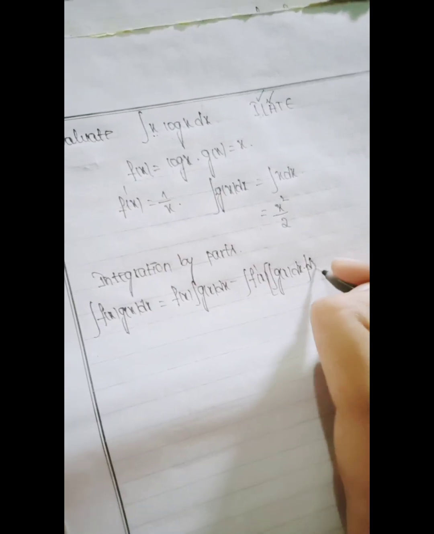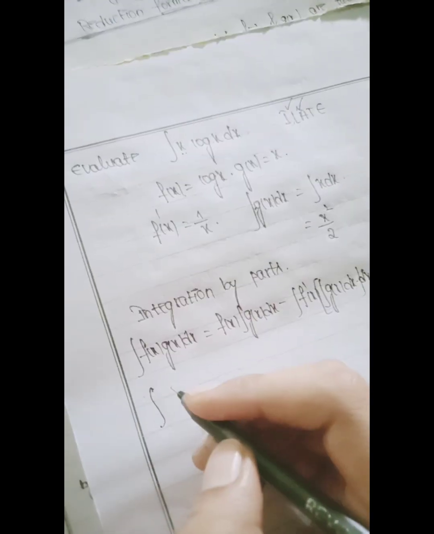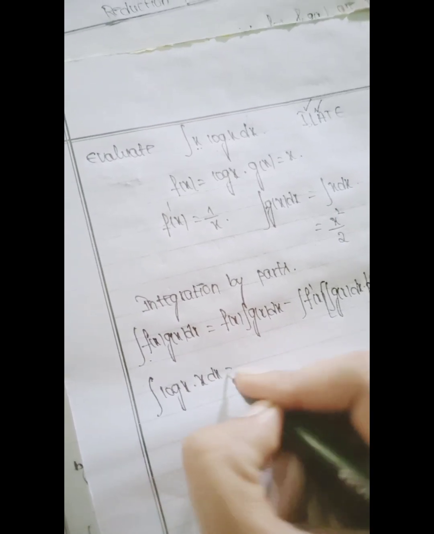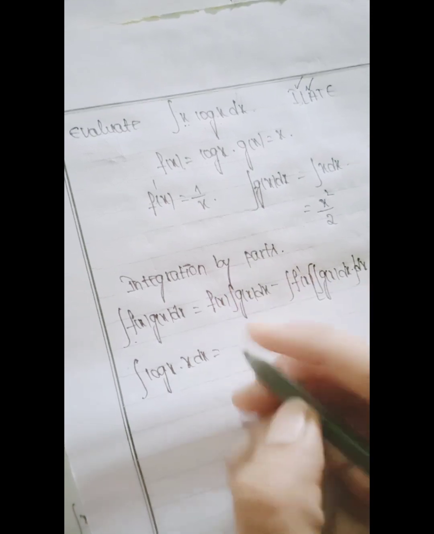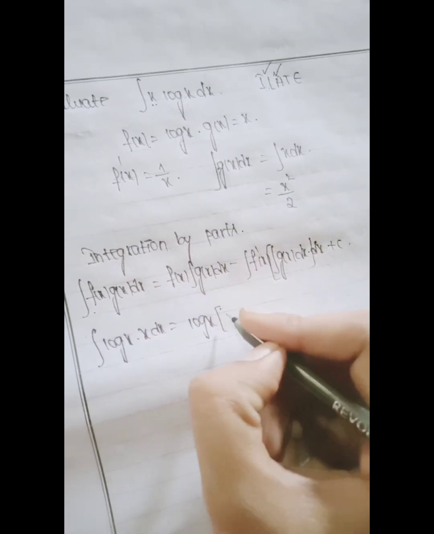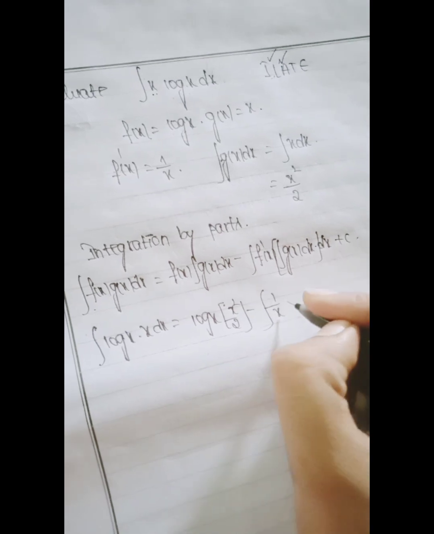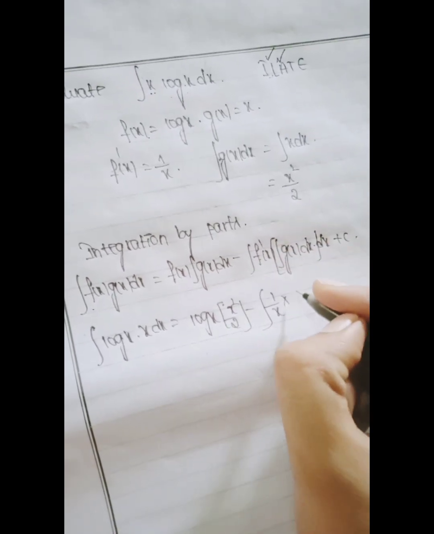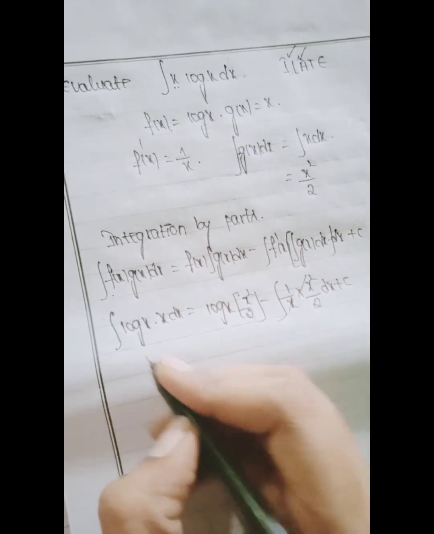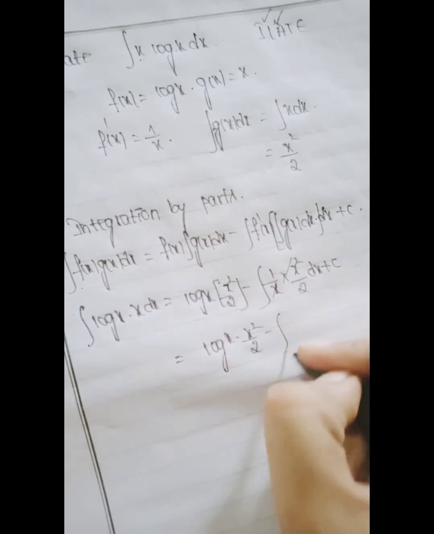Substituting, log x into x square by 2 minus integral 1 by x into x square by 2 dx plus c.